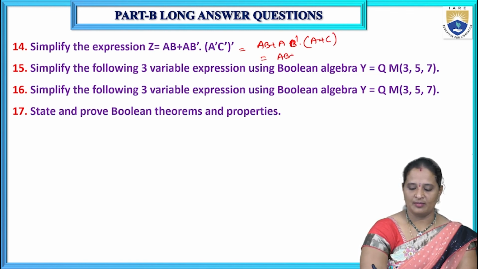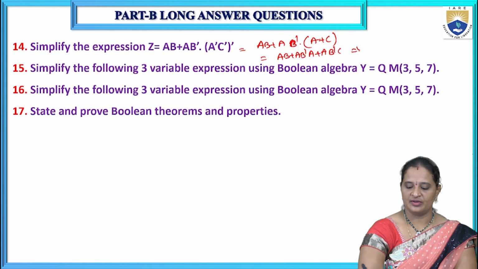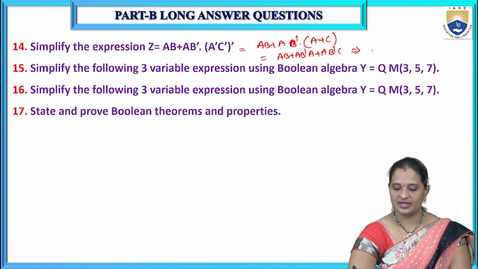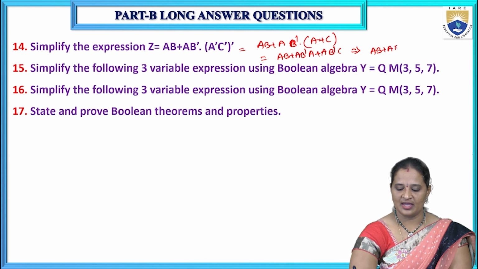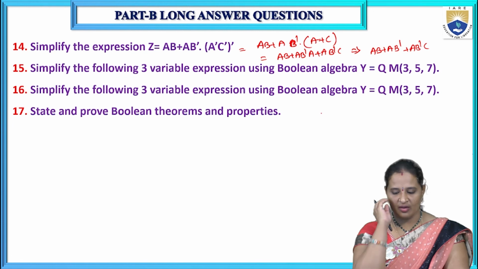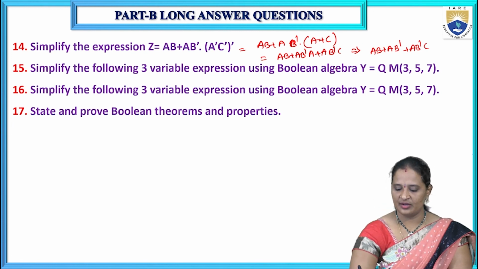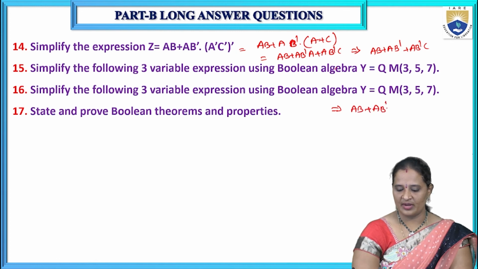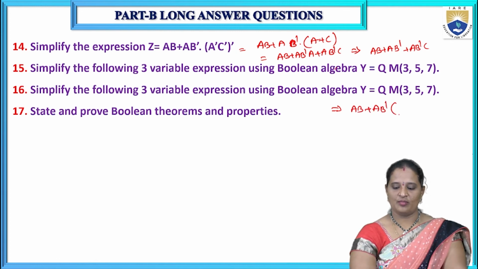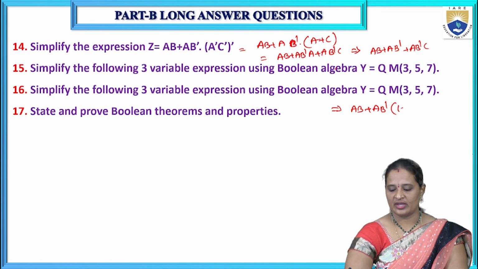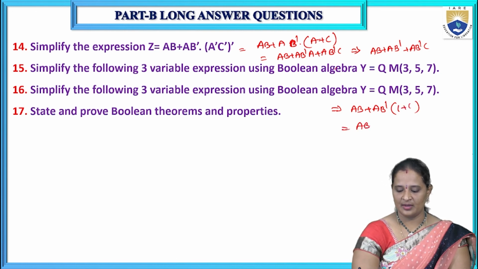So AB plus AB complement into A plus AB complement into C, right? So now I can write it as AB plus AB complement plus AB complement C. Now again, I take AB complement as common here, so I get 1 plus C. So AB plus AB complement.